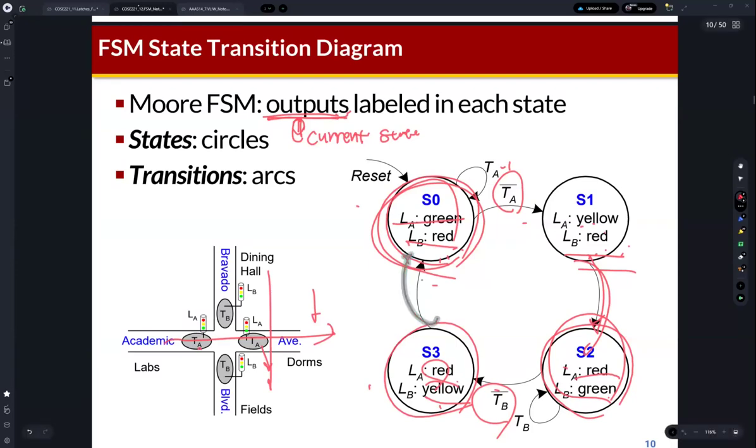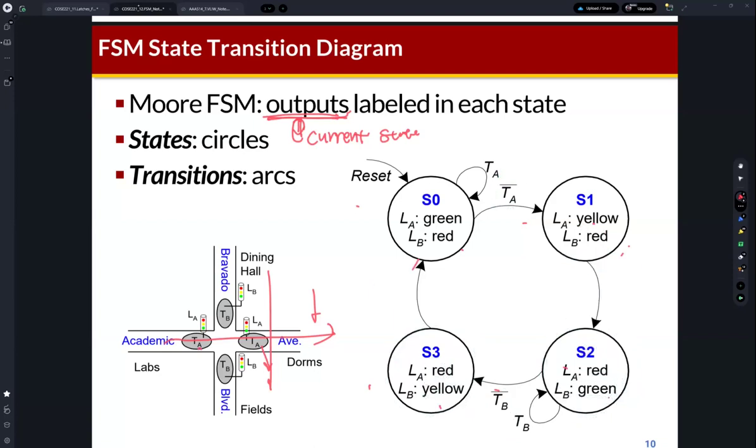So actually you can find that for any cases, for any inputs. Okay, so these are state diagrams. So this is a state diagram for this system, right? Firstly, we define inputs and outputs, right? And then based on the inputs and outputs, so this is a Moore FSM, we can list the output combinations, and then based on the output combinations, we can define states.